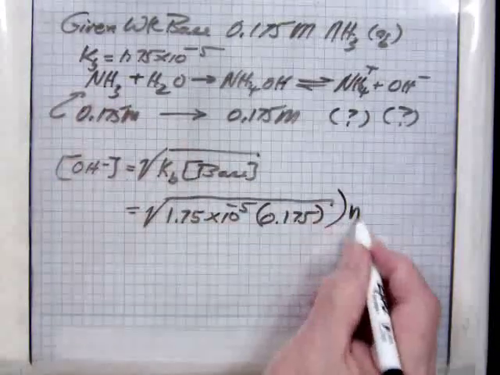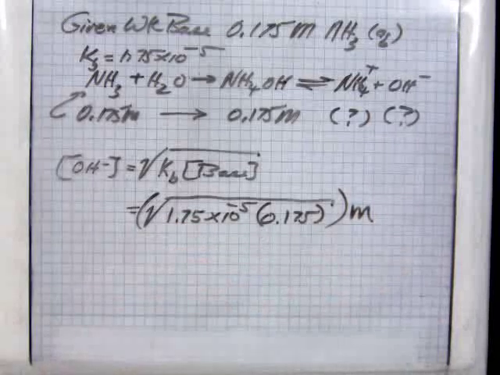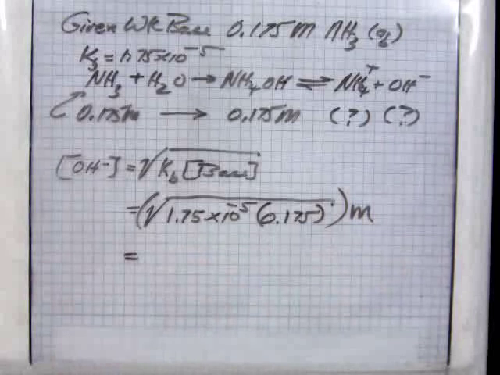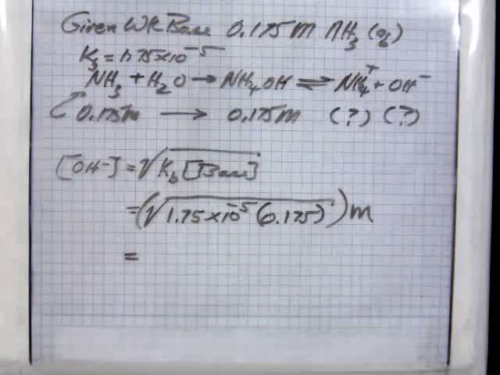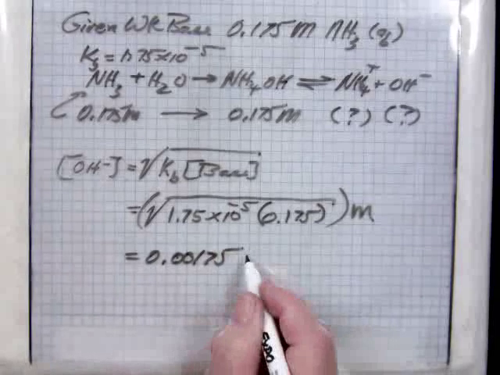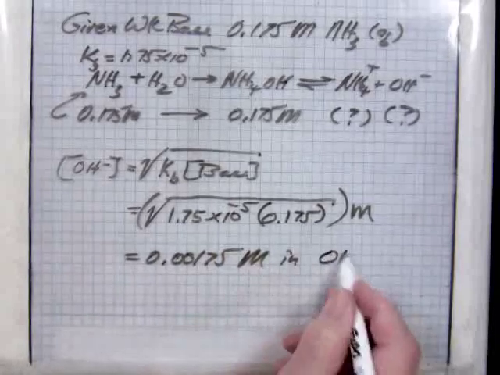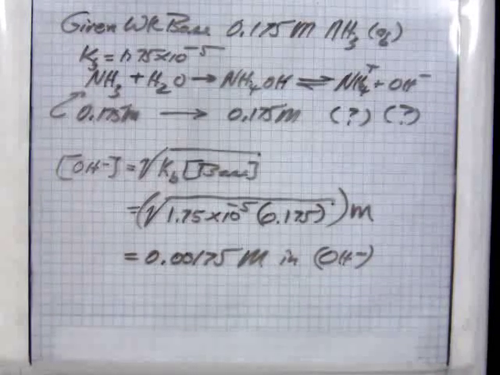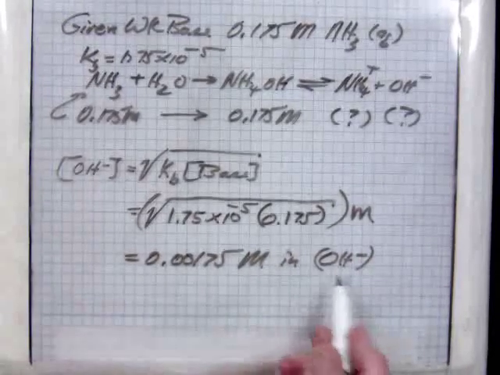And the finished answer will be in moles per liter. So you're 0.00175 molar in hydroxide ions.